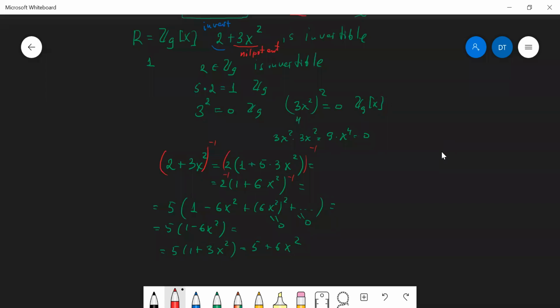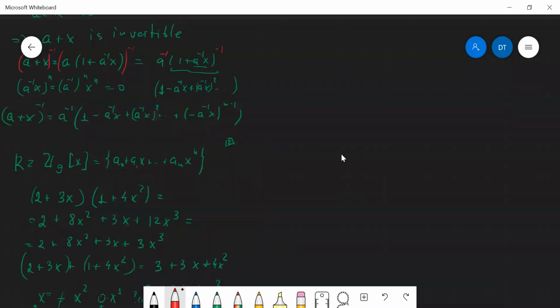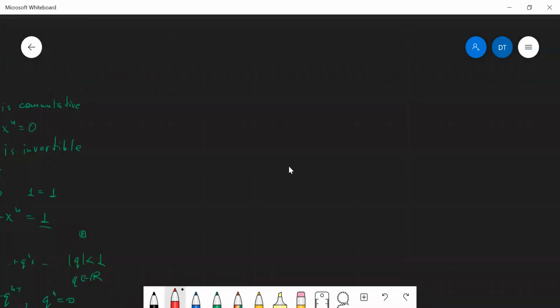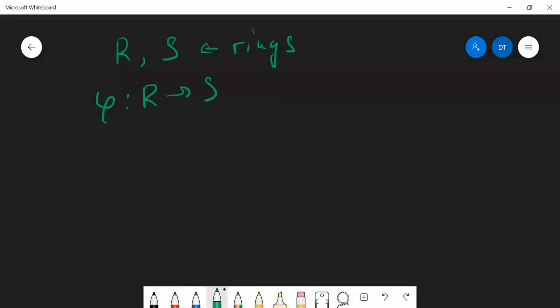Cool. Okay, I want to cover the last topic for today, which is the notion of homomorphism. So let me just recall the definition. If we have a ring R and a ring S, so these are rings, then a homomorphism is a map from one ring to another ring, and it must preserve all the operations and the identity element.